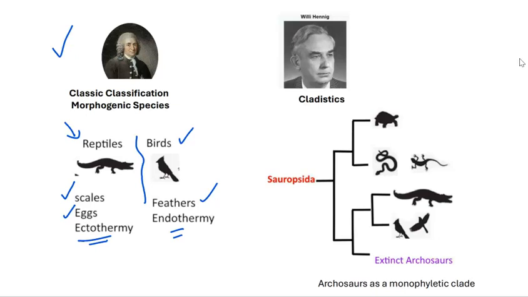So then when we fast forward to the early 20th century, Willi Hennig introduced the concept of the cladistics diagram as illustrated here. And this very much is based on the idea of showing the evolutionary relationship between groups.